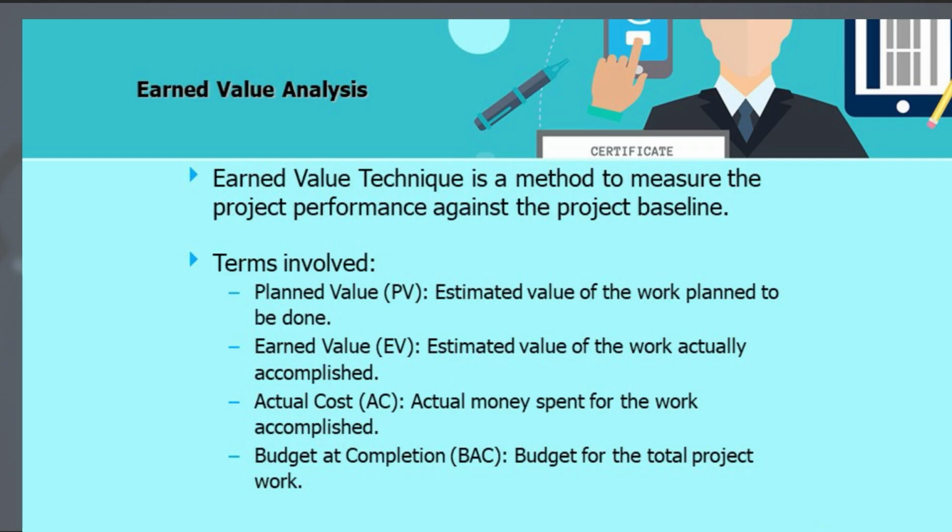But the very important aspect you have to measure is how much money has been spent. What was the plan? If the initial plan was to spend 10 lakh rupees and the person has spent 15 lakh rupees, then it is not worth it.